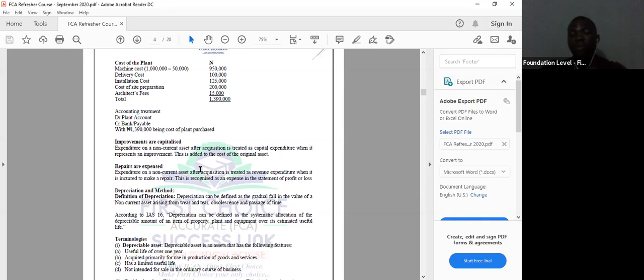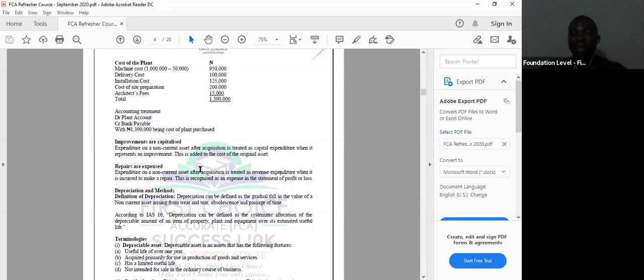Maybe I would drive it for 4 hours, but now I can drive it for 6 hours. It means that the 500,000 naira should not be expensed. It should be capitalized, because we are still going to enjoy that benefit for 4 to 5 years. So that amount of money should be capitalized.